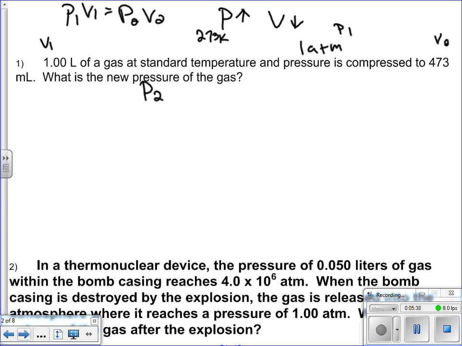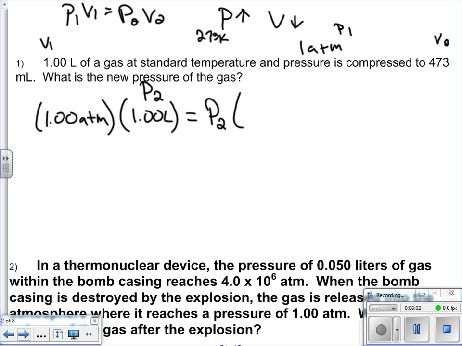So now we just need to plug our numbers in. P1 is 1 atmosphere, and our V1 is 1 liter. We don't know what P2 is. That's what we're going to solve for.